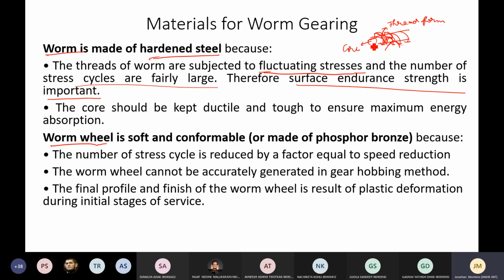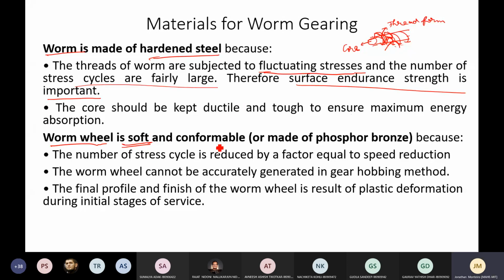So finally what happens, where the torque is getting transmitted or collected from, it is collected from the core itself. Finally, that is how the mechanism works. So core should be ductile enough and tough to ensure maximum energy absorption, and that is why the worm is made from hardened steel. Now the question comes, why worm wheel is soft?